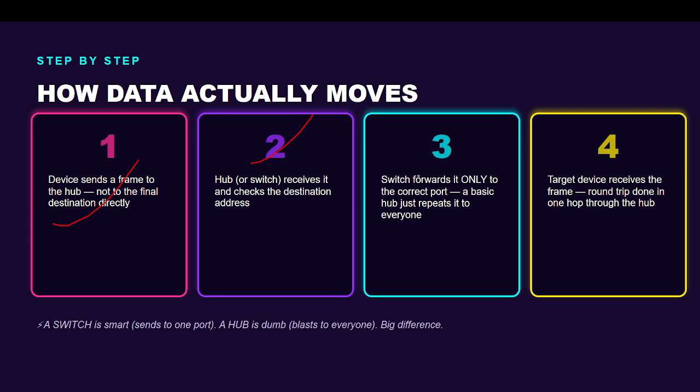Step 3, and this is the plot twist: a smart switch sends it to exactly one port, the correct port. Then step 4: your target device receives the frame. Round trip done in one hop through the hub, one hop through the boss.